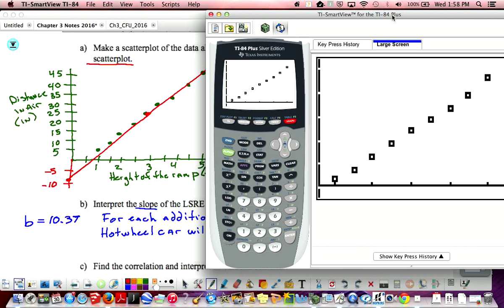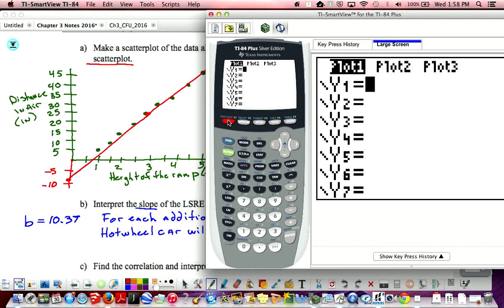Yes. So now I want to put in the least squares regression equation and get my line. So go to your y equals and type in the equation: negative 8.21 plus 10.37x. You've got to put the x in, otherwise it doesn't become a slope.